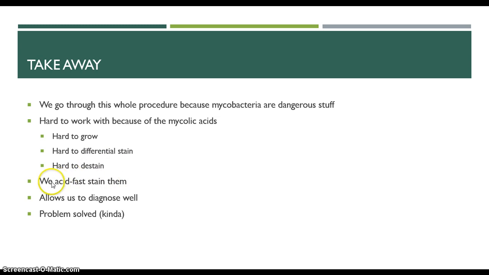And so we do this whole acid-fast stain, and this allows us to diagnose people that are infected with maybe tuberculosis or some other mycobacterium, and then we kind of solve this problem and we are allowed to cure these people.